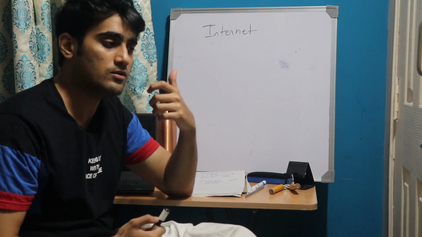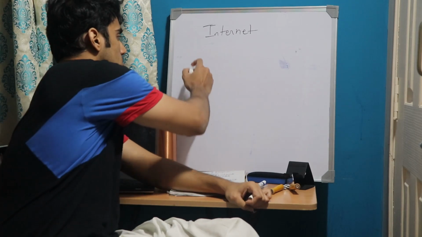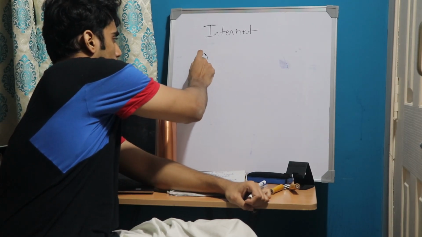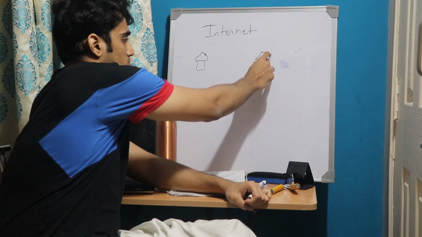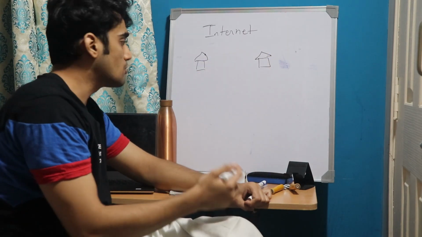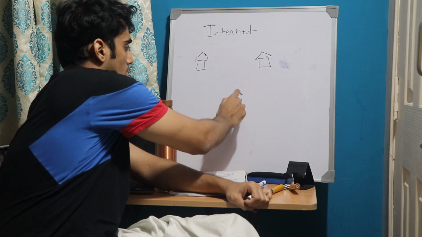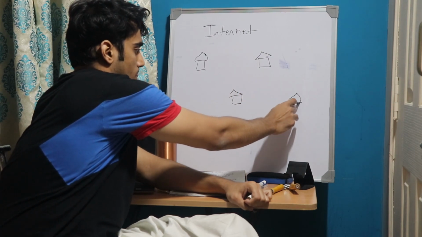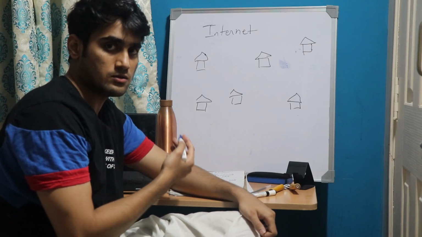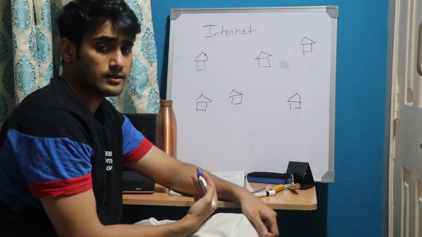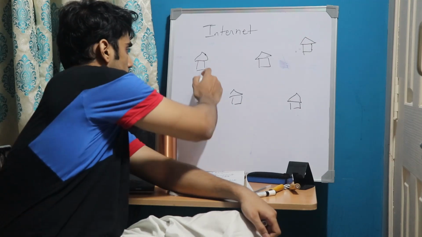So if there are roads between those houses, only then can you go to any other house or send a gift to another house. There are a lot of houses in this society, and a lot of roads which are connecting them to each other.